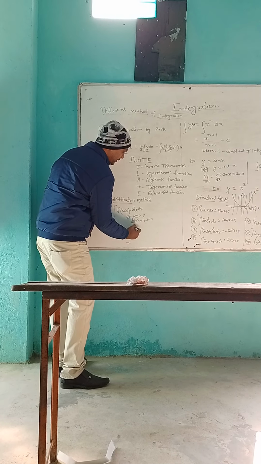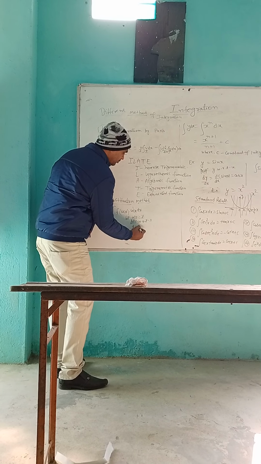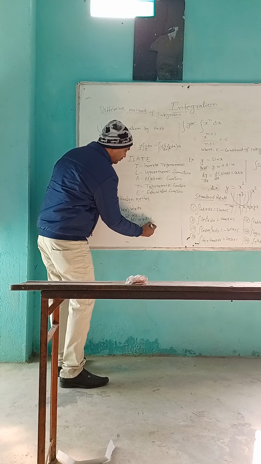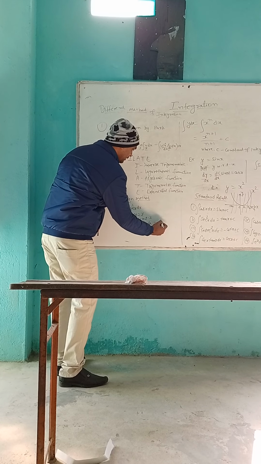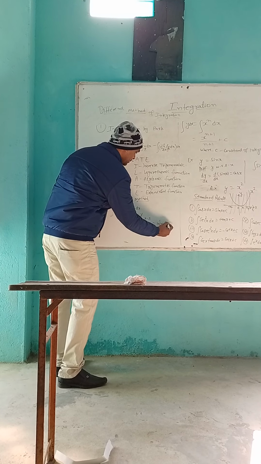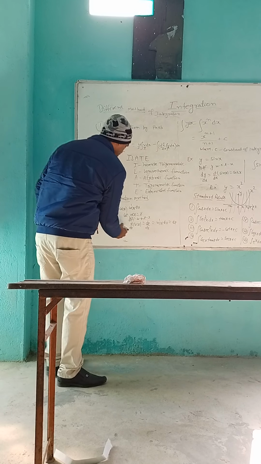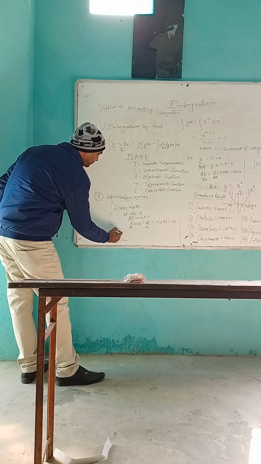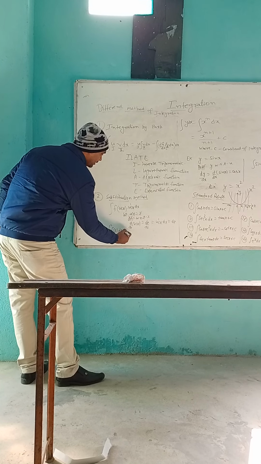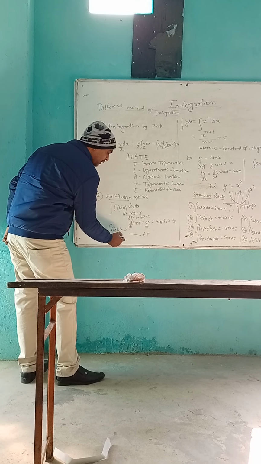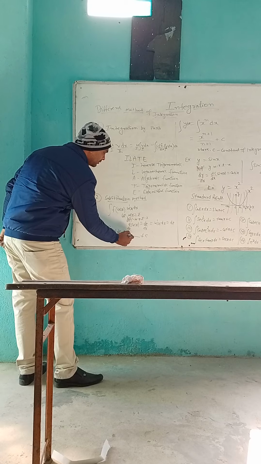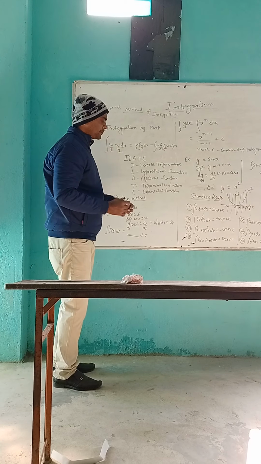So d by dx of u x equal to dt by dx, so u dash x dx equal to dt. So you can write the integral of f of t dt, we get the value in terms of t plus c, and again we substitute the value of t and get our result.